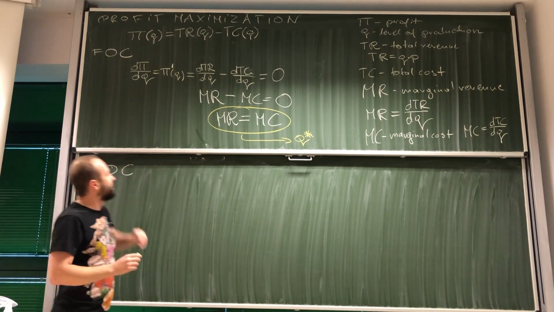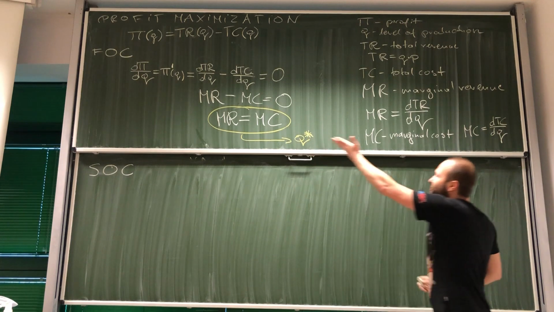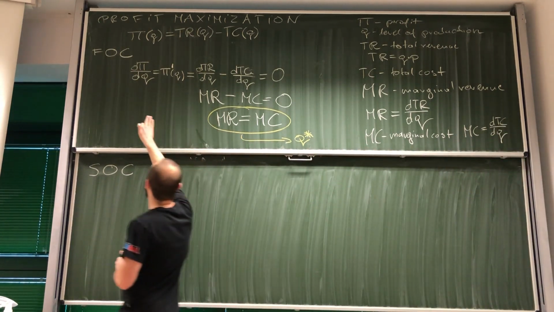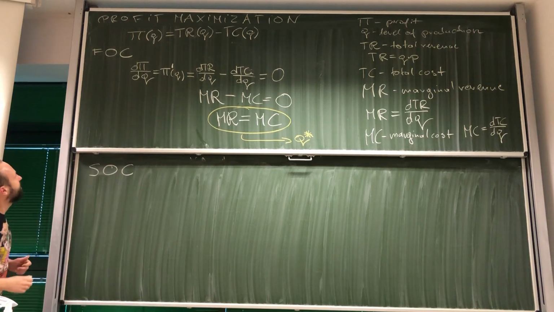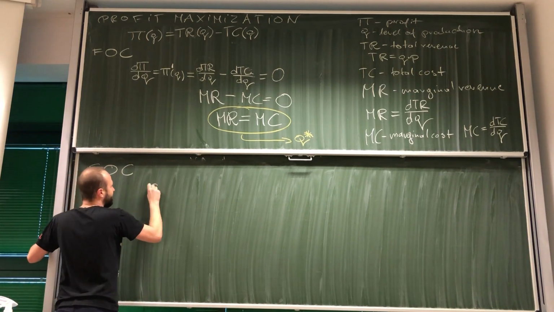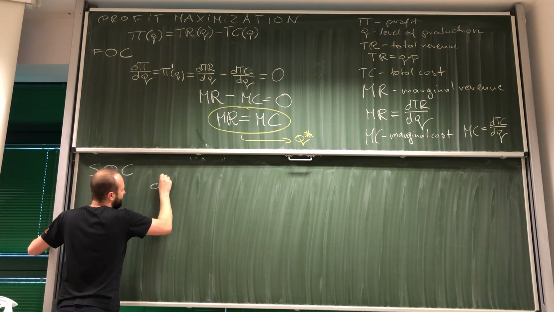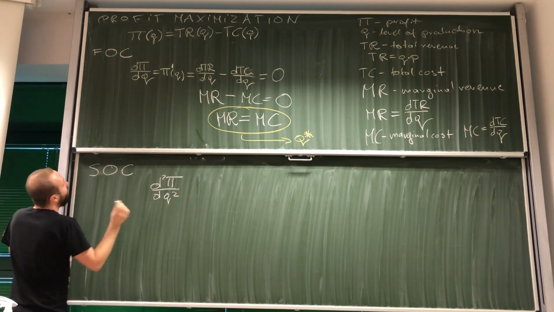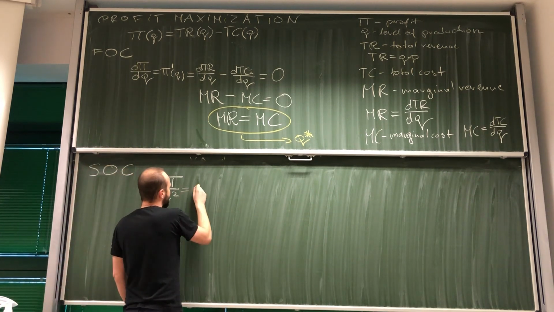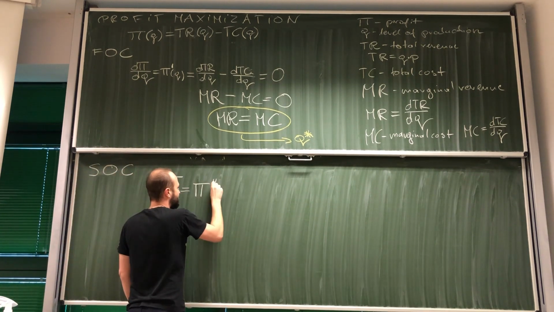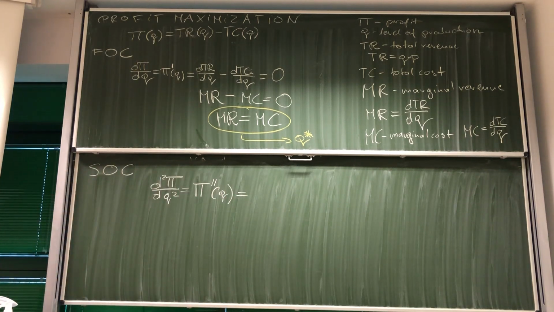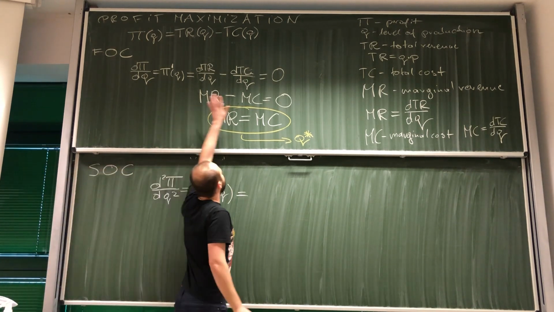So what do we do in the second order condition? Well, we need to differentiate the profit function for the second time. So we will have here d squared pi dq squared, or what is exactly the same thing, pi double prime of q. Okay, and now we need to just differentiate those expressions.